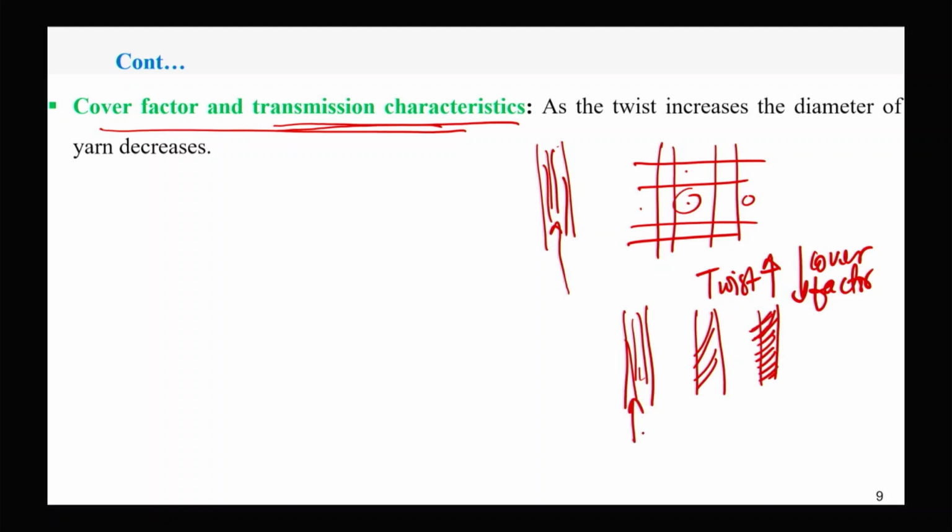The zero twisted yarn will have the highest liquid transmission, provided the diameter is the same, because the capillary channel diameter should be the same. As the twist angle increases, the tortuosity increases, so the liquid has to travel a longer path, which will reduce the liquid transmission.